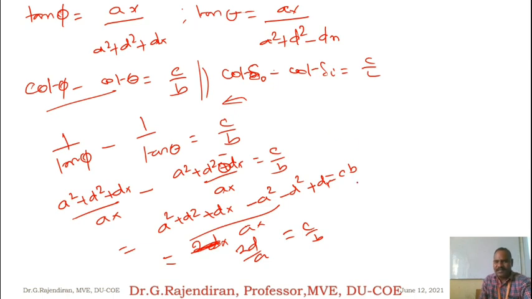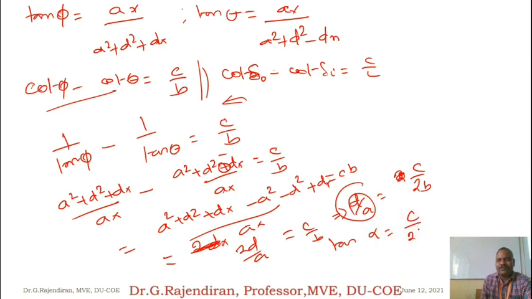Clear? So just take it as d by a is equal to c by 2b, correct? D by a we already derived as tan alpha. So tan alpha is equal to c by 2b.